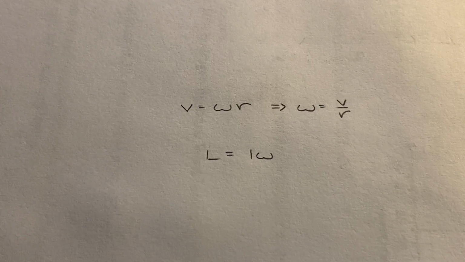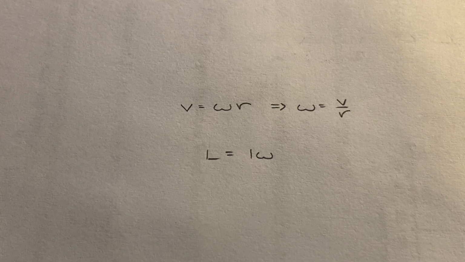In this equation, we know that from our situation, L remains the same because there are no torques applied and omega is increasing. In order for L to remain constant while omega is increasing, I must be decreasing.